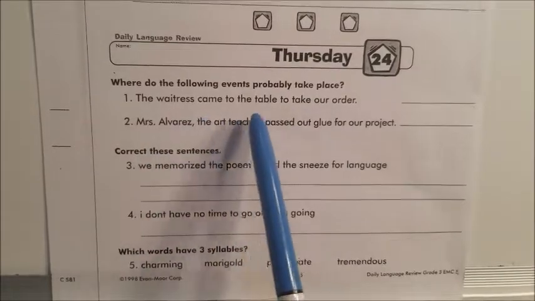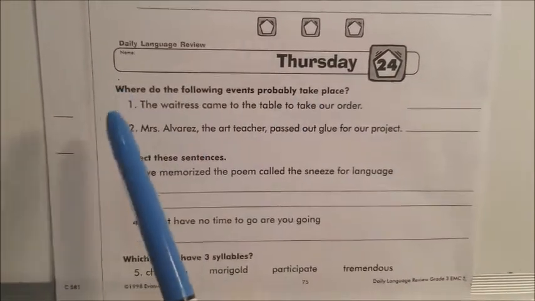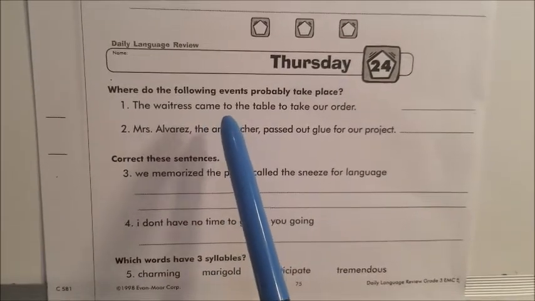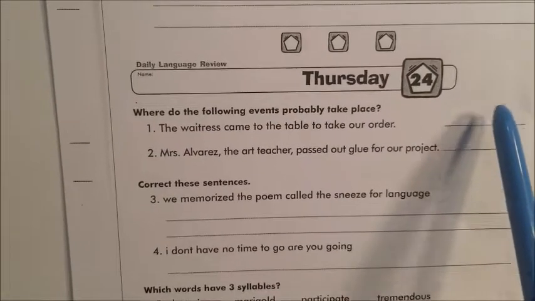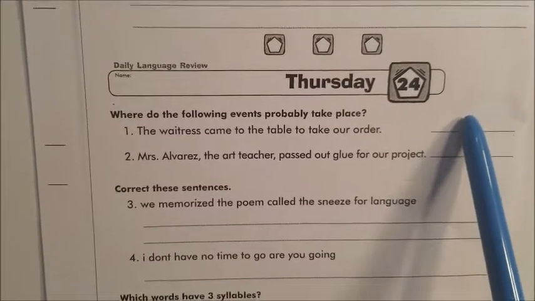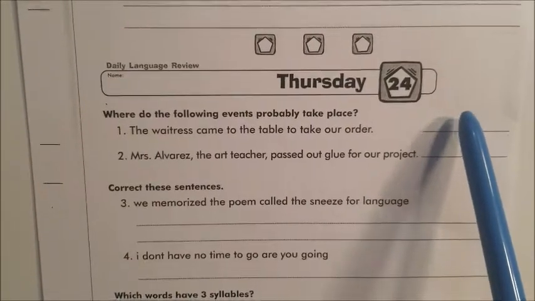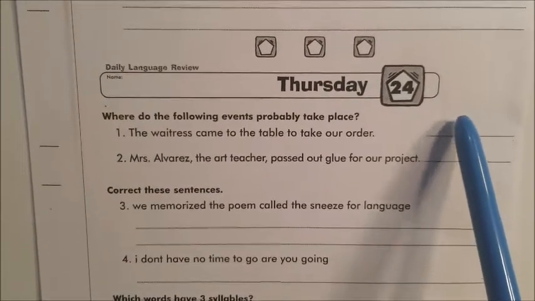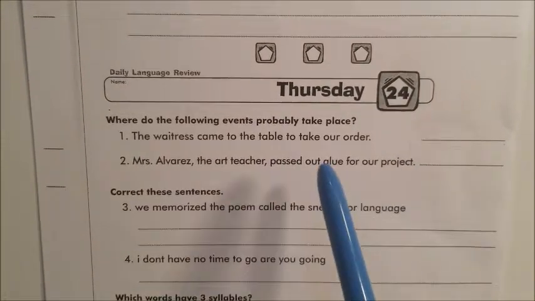So you read that sentence there, and then you write down the location where you think the waitress would have come to a table to take orders. Where would that be? What would be a reasonable, not your house. There's no waitress. Your mom or dad are not waitresses or waiters. So what would be a reasonable spot for these?